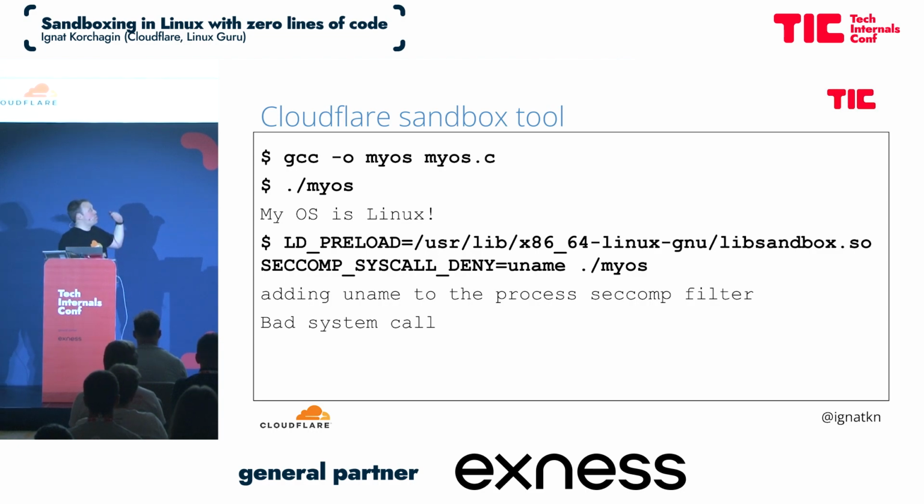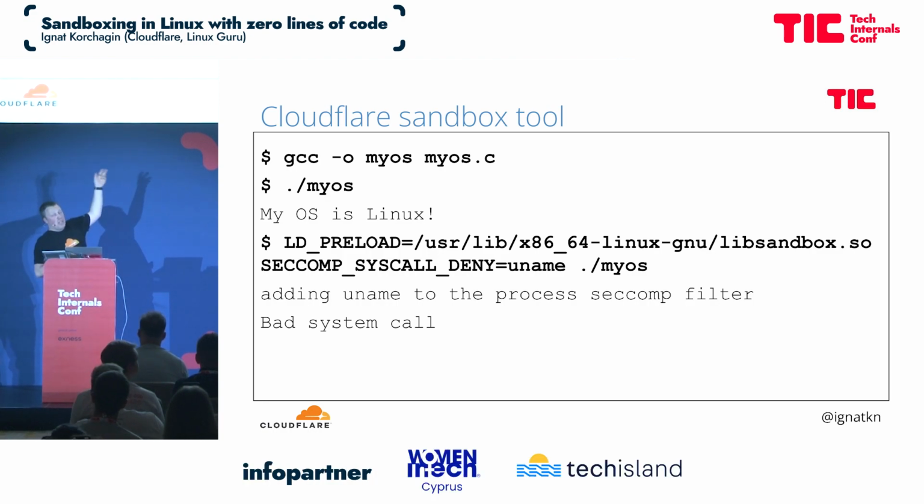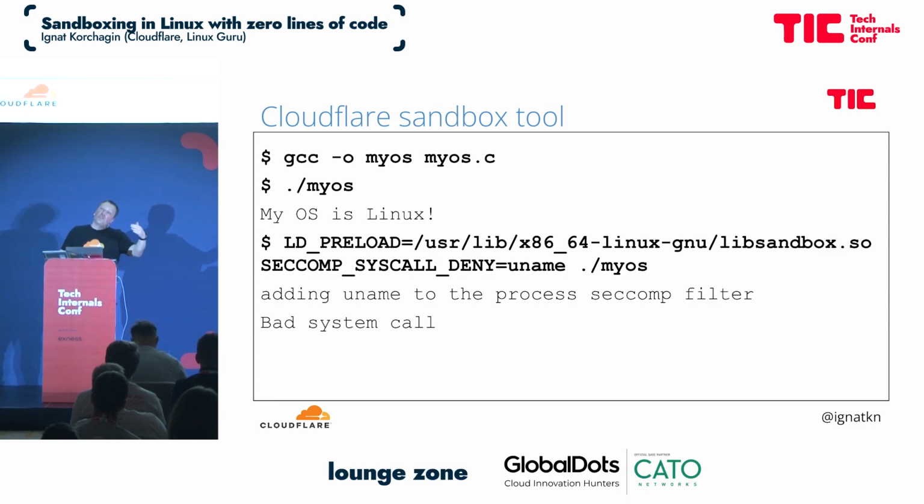In this case, we specify the deny list. Then, before the main code executes, the seccomp policy will be applied. And now we can see the debug output from the library that it added the uname system call to the process seccomp filter, and you see the bad system call because when the application tried to call the system call, it got killed.